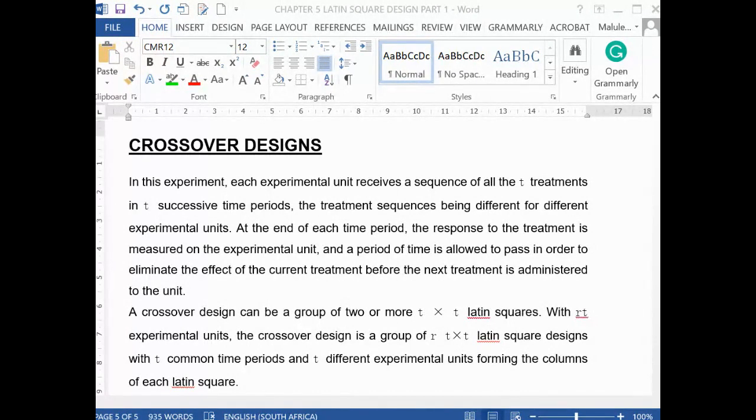No, it will depend on what will be covered by that time. Suppose we fail to cover the crossover design, and Mr. Lobo said it's 3 and 4. What is going to happen? So it will depend on what will be covered by that time.